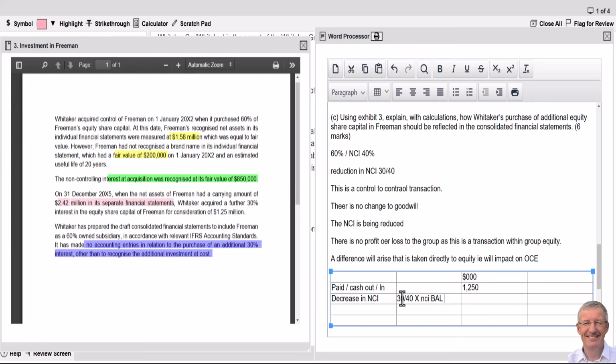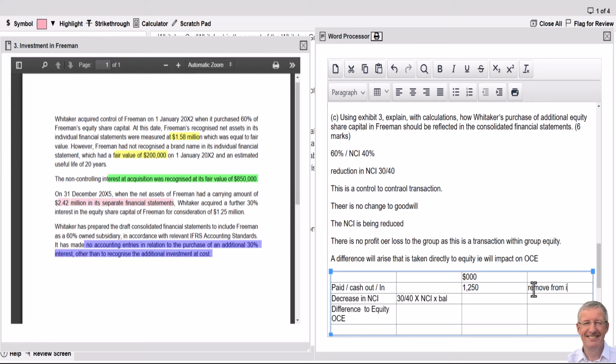Now I don't know what that figure is. I know the figure at the beginning, but I don't know the figure at the end. Then I have a difference, and this difference goes to equity. This difference goes to other components of equity. Could be a positive, could be a negative. Don't know. What I do know is I'm going to remove this from the investment.